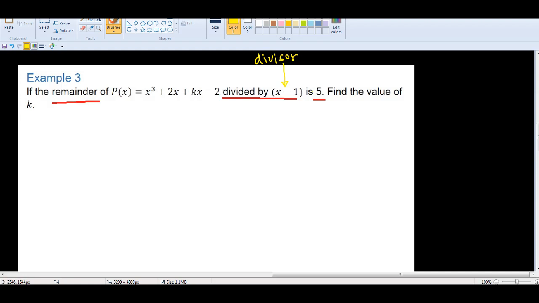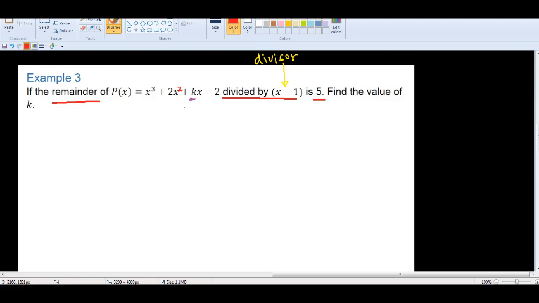So what are we looking for? You are looking for k, because that's the unknown k in the polynomial. k is the coefficient of x. So you are going to find k.